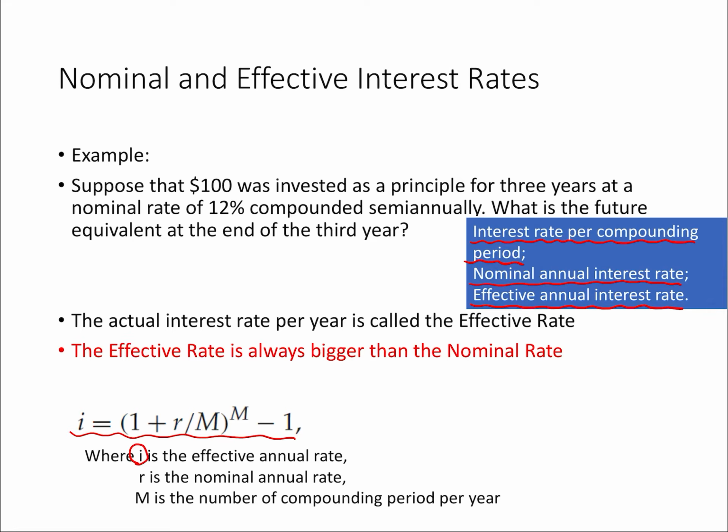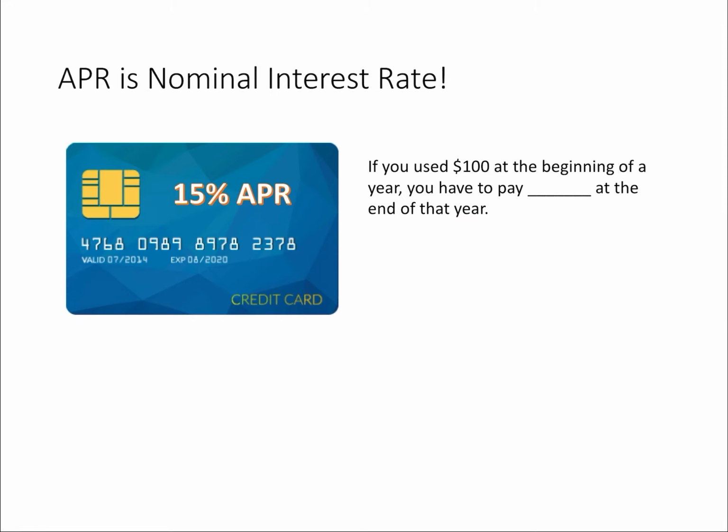And the r is the nominal annual rate. m is the number of compounding periods per year. So the m could be different. If it's compounded daily, m will be 365. If it's compounded half year, the m is 2. If it's compounded quarterly, the m is 4. Okay? If it's compounded monthly, the m is 12. You have to know how to calculate the m. All right?